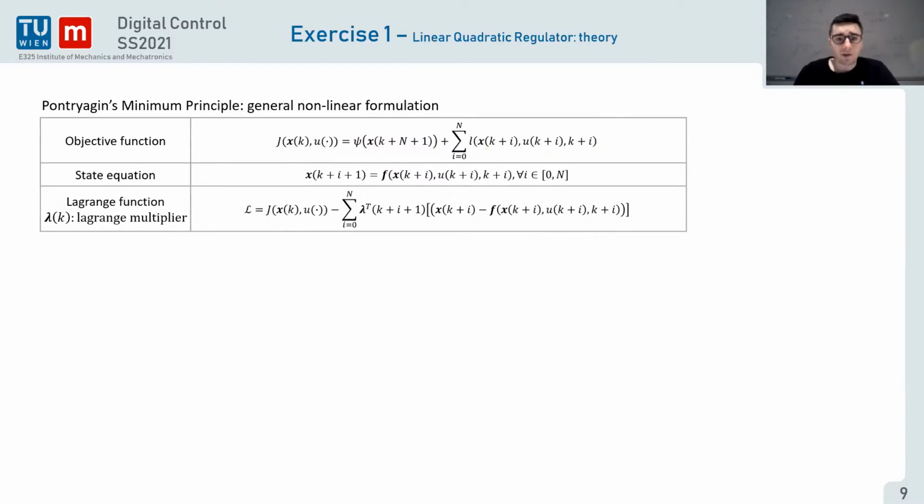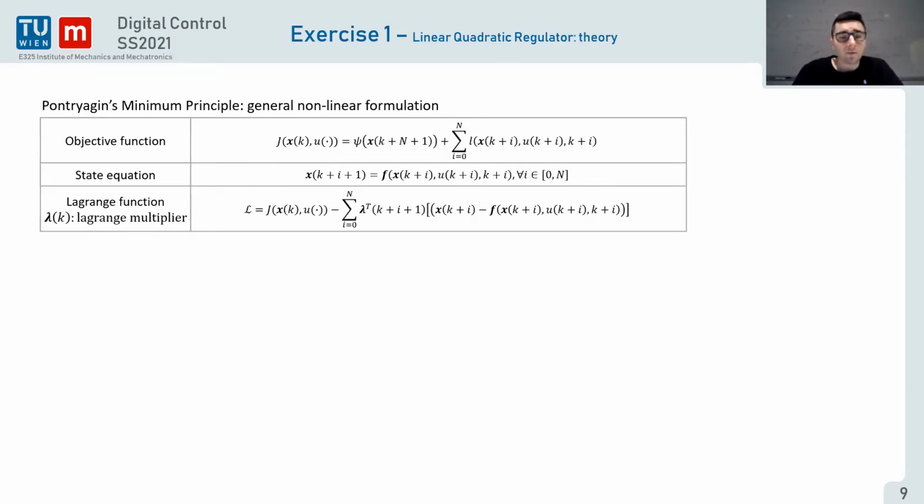Then we have the state equation. The state equation is potentially a nonlinear function of the states, the inputs, and the time, it can also be time variant. In our case, of course, it's just a linear equation. We're going to see this in a second.